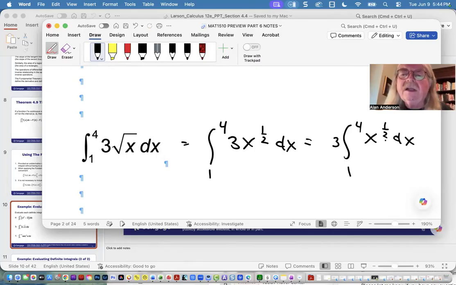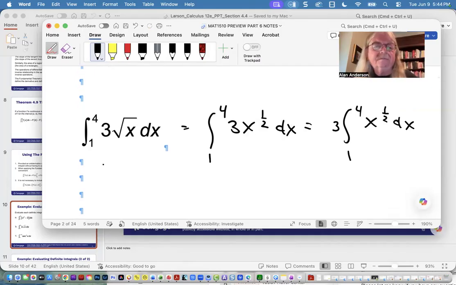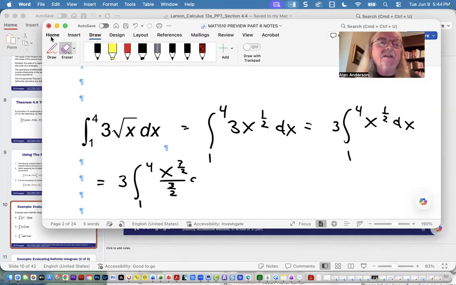And now we can go ahead and apply the power rule for integrals, which means x to the 3/2 over 3/2. Not dx, sorry. Hold on one second. I just realized I wrote this incorrectly. What I should have done is this.